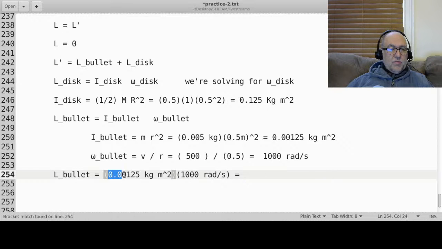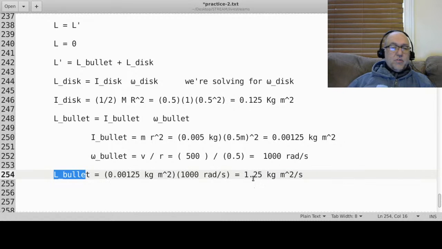Well, just take this number and move the decimal over 3. Here's the decimal, 1, 2, 3. The decimal moves to there, and there you go. And the units are kilogram meter squared times radians per second, but drop the radians. So they're kilogram meter squared per second. That's the units of angular momentum. Not very interesting units, but nonetheless, there it is.